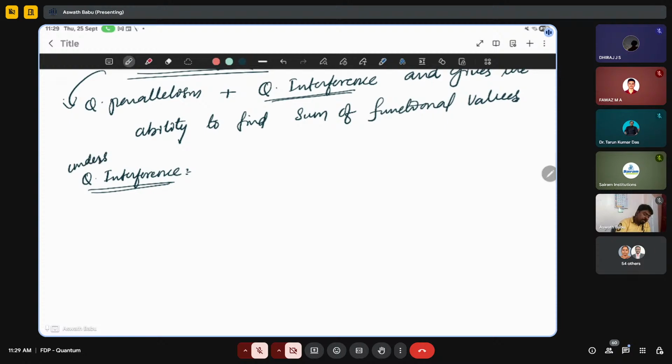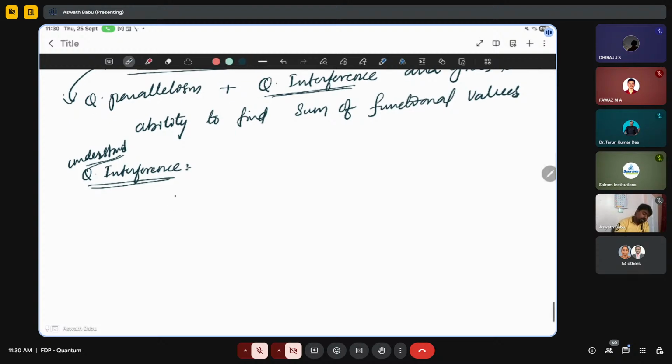So the moment I say interference, probably the engineering people might have gone through their 11th and 12th standard, the Young's double slit experiment. Okay, even for 11th and 12th it is there. Okay, even in degree it is there. Engineering it is there. What is that? You just take a laser light or coherent light.